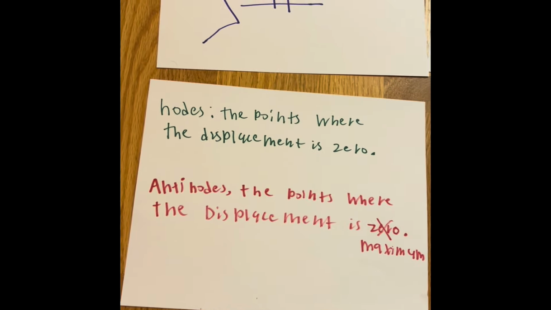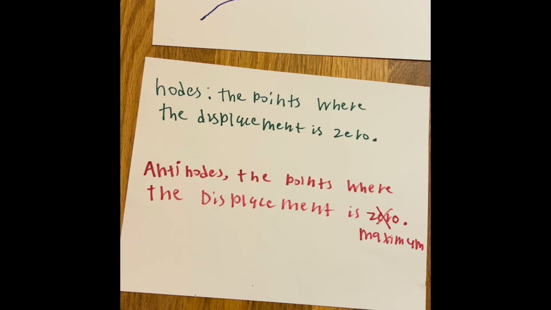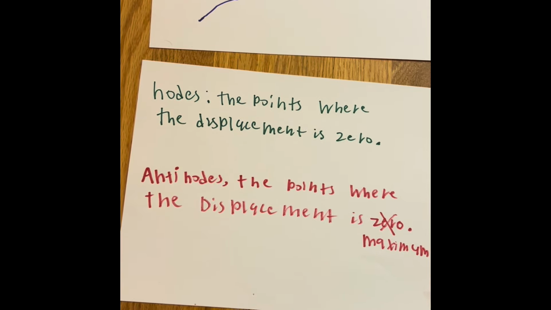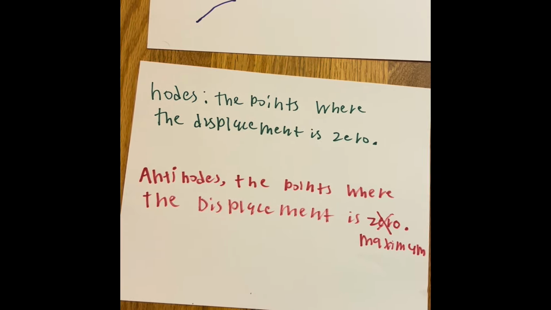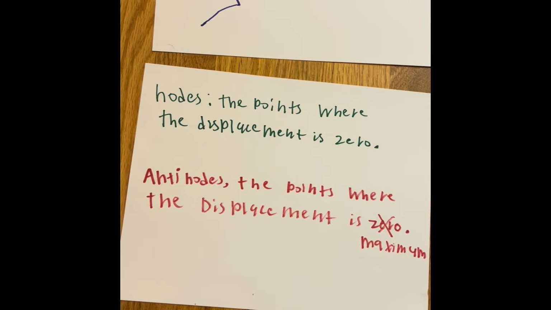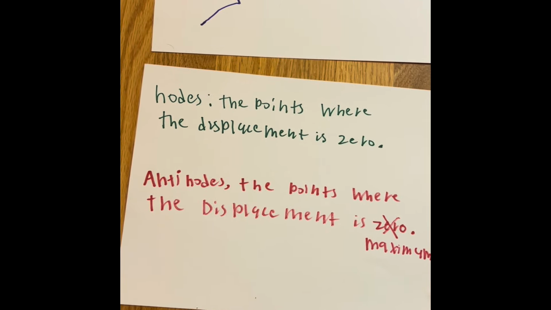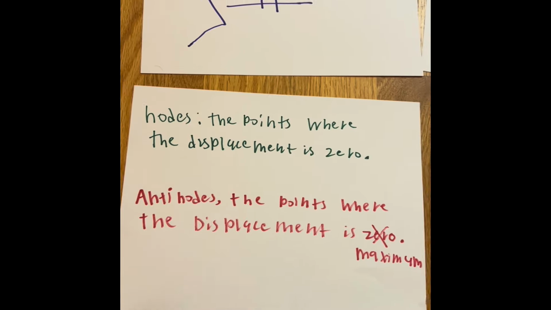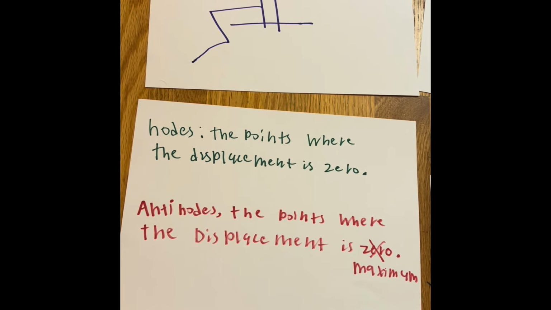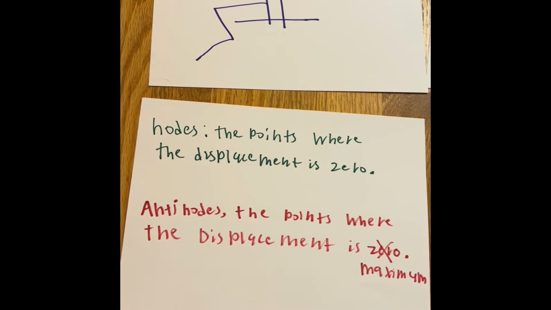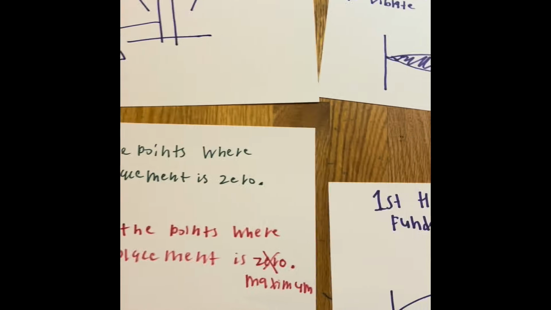Standing waves are going to have nodes and antinodes. Nodes are the place where the displacement is zero or is neutralized because it goes back and forth like crazy, the string. And antinodes are points in the displacement where it's at its maximum amplitude. It's very, very high.